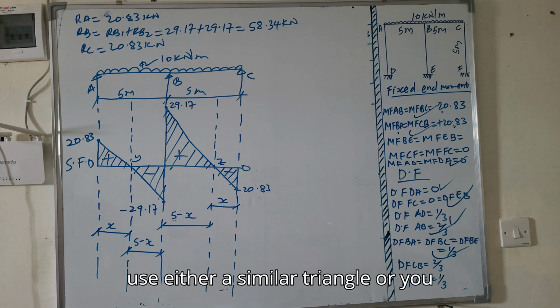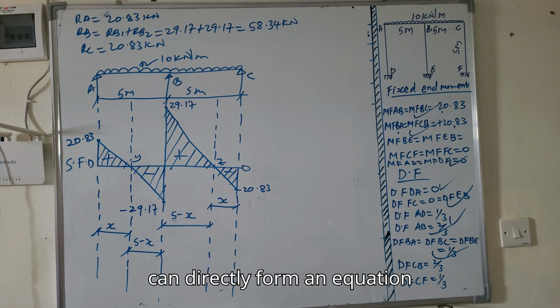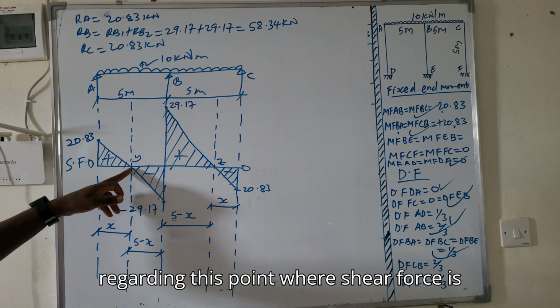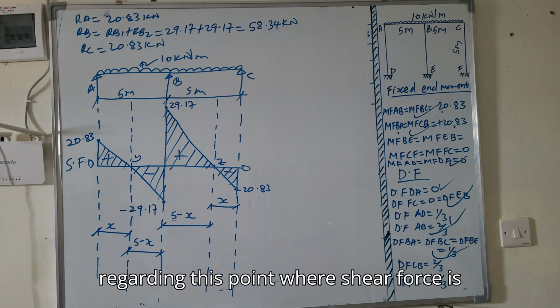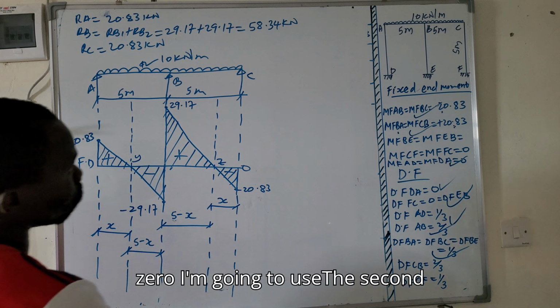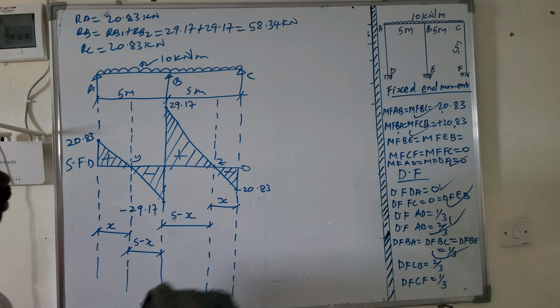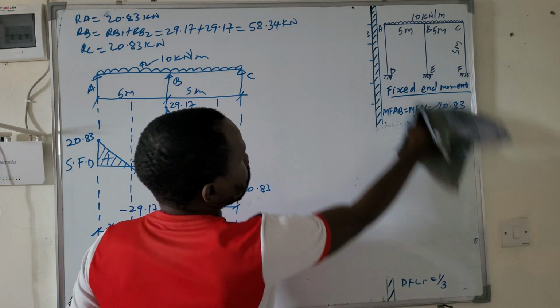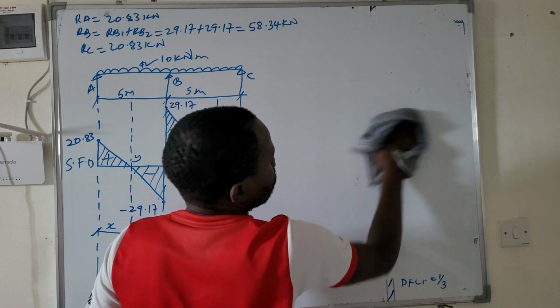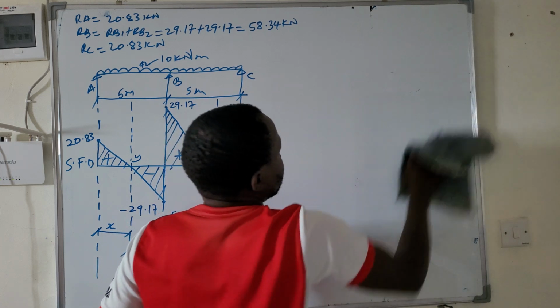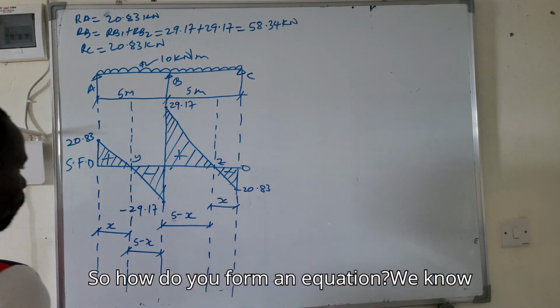So you can use either a similar triangle or you can directly form an equation regarding this point where shear force is 0. I'm going to use the second method, which is forming an equation. So how do you form an equation?